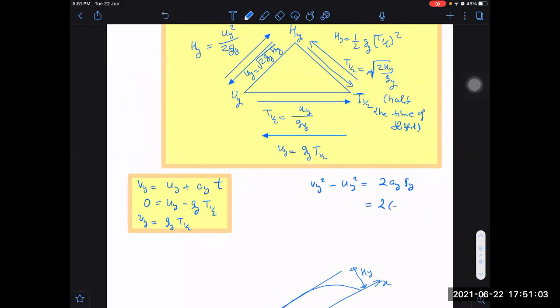Now put the values: 2 into minus Gy into Sy, meaning Hy, and Vy is 0, so minus Uy square, minus cancelled. What is Uy coming out to be? Root of 2 Gy into Hy. So the last one also we obtained now, and everything is done.